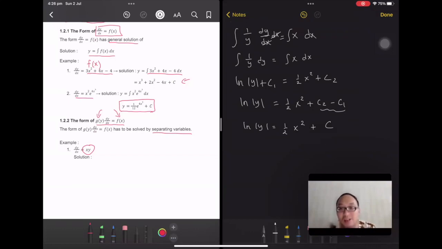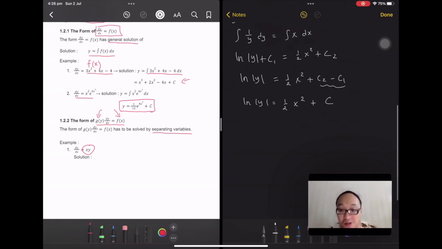Now, the equation doesn't stop here. We have to express it in terms of y equals. We have to make y the subject. To make y the subject, we have to remove the ln here, so we can use the exponential: e to the power of ln y equals e to the power of half x squared plus c.